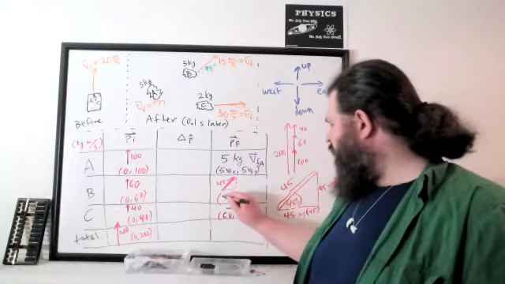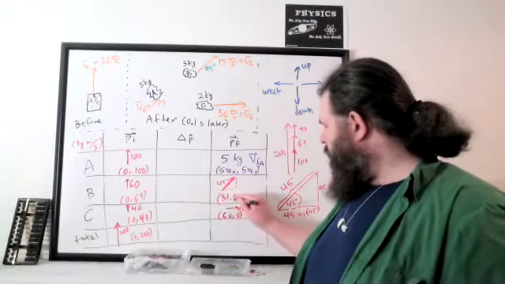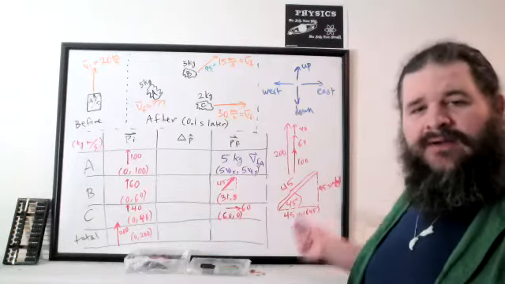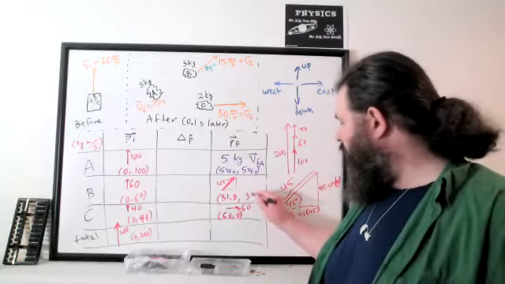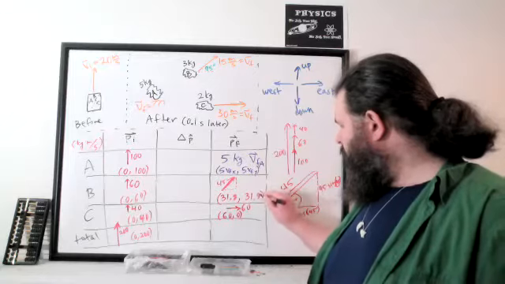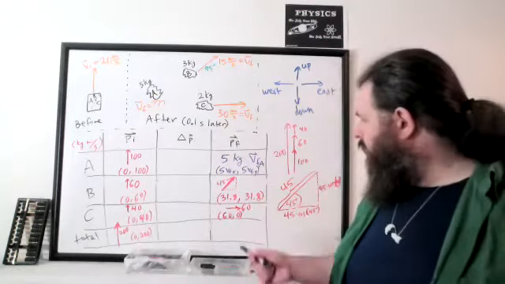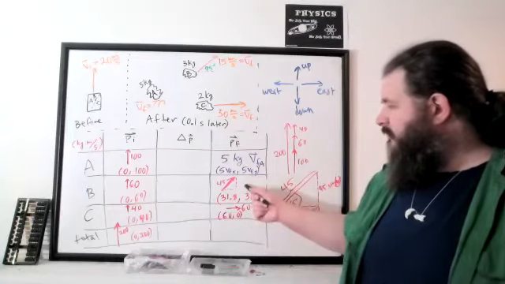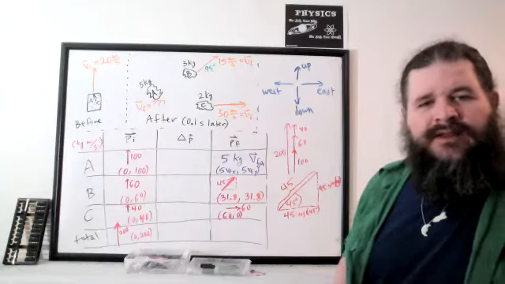Let's be accurate, 31.8. And sine 45 and cosine 45 are the same because it's an isosceles triangle. So the y component is also 31.8. So we've got the x and y components of final momentum of B and final momentum of C. Is there anything else we can fill in here?